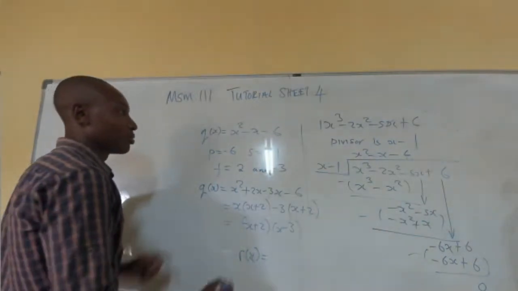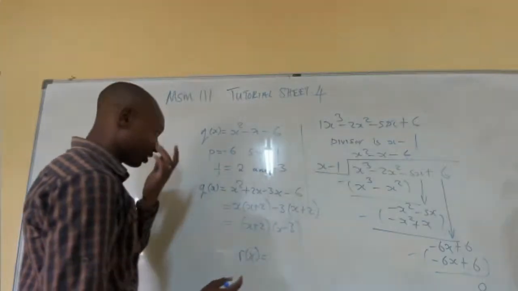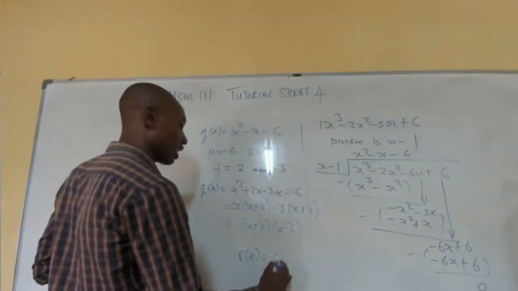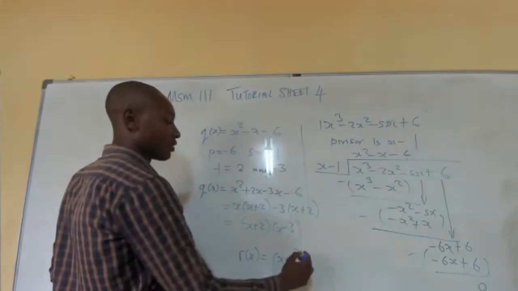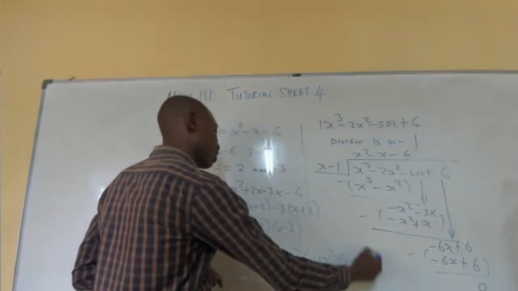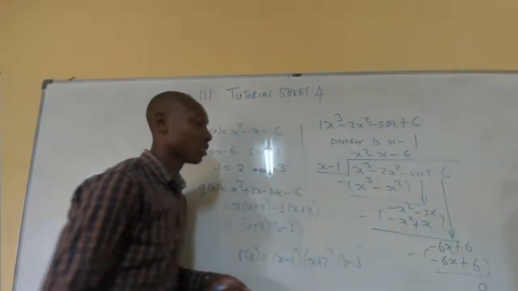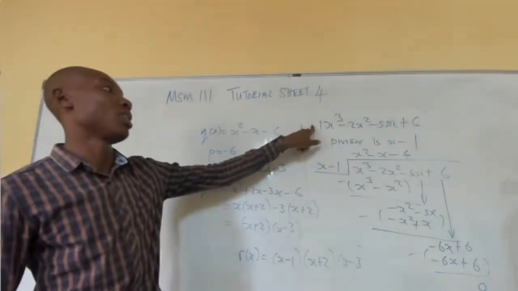The polynomial being factorized is the product of all three factors. The first factor we had was x minus 1. The next factor is x plus 2. The next factor is x minus 3.